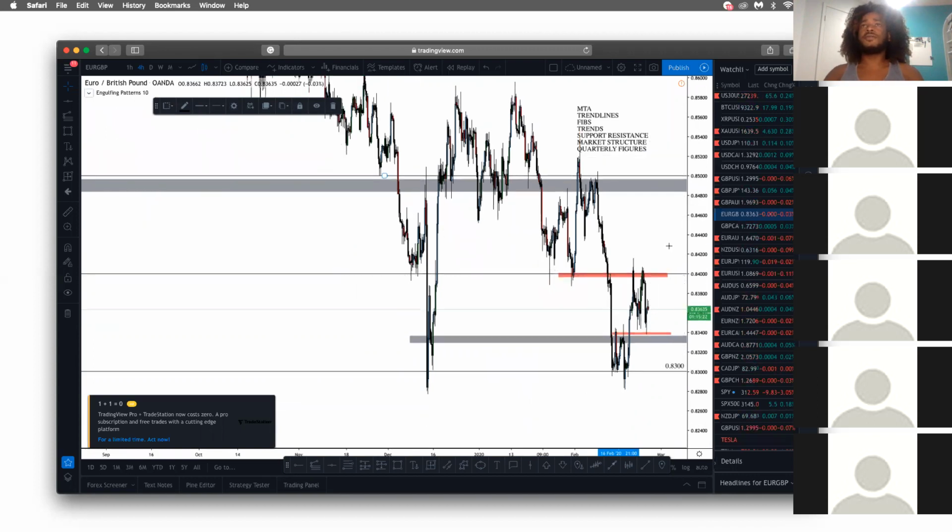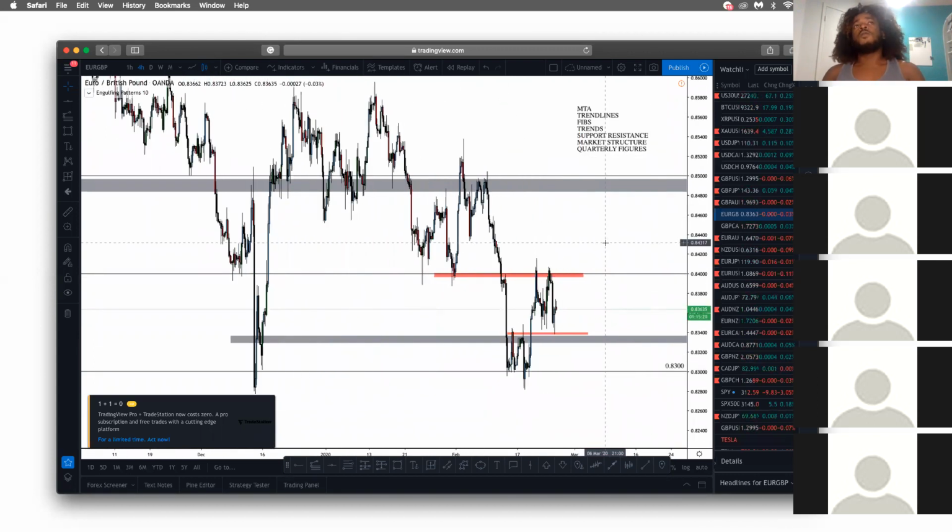All right, so when you do analysis like this, you have to make mental notes. One mental note could be, from observation, you could see that EURGBP tends to react to quarterly levels because certain pairs gravitate to certain confluences.